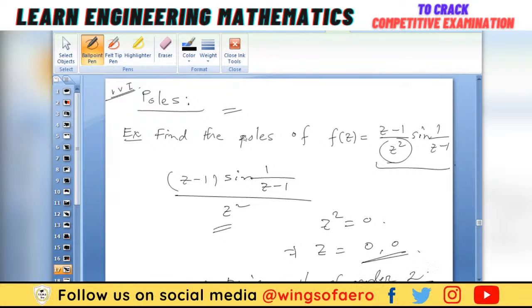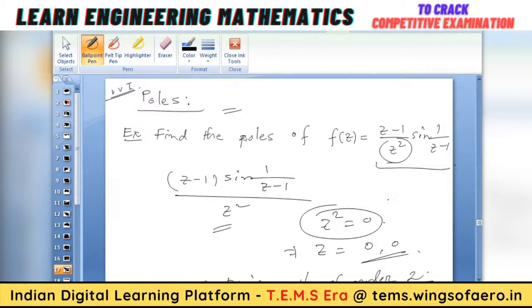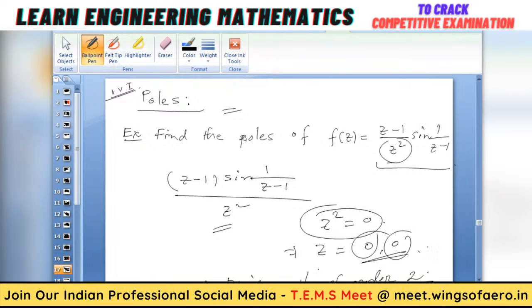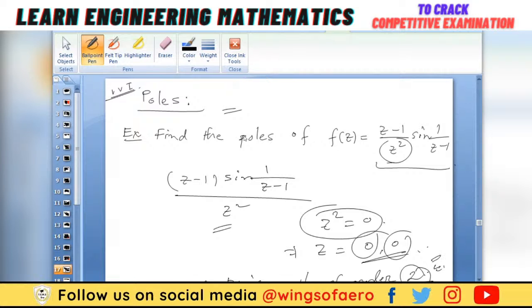Remember, if this kind of condition occurs, you should consider here z square is equal to 0 and z equals 0, comma 0, which is called a pole of order 2. Very important thing it is. You have to find out the pole, and also you have to find what is the order of that pole.